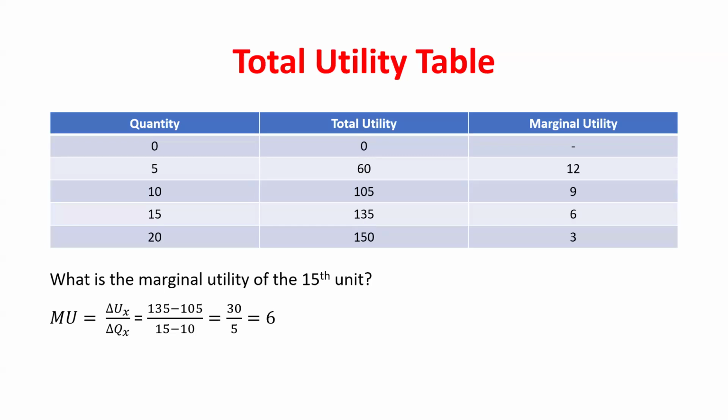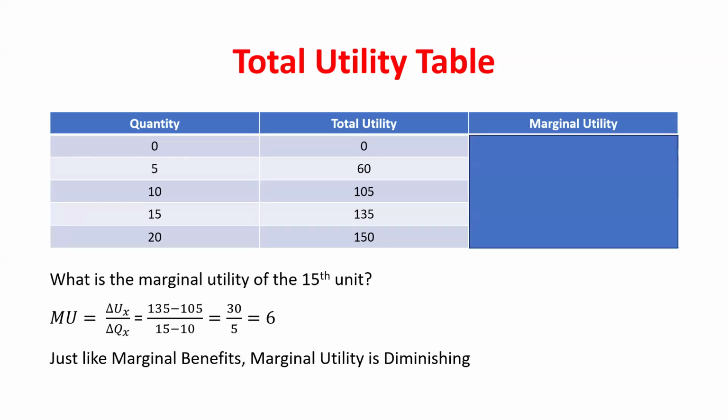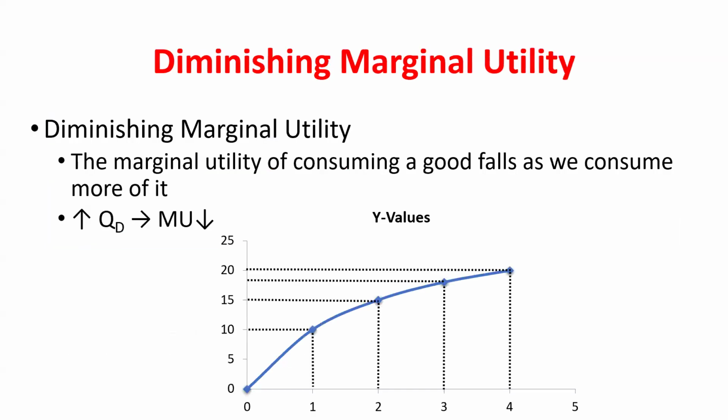So if I were to plot these points out, and I want to look at total utility, here are different quantities of this good I can buy. What's on the y-axis here is my total utility. As I buy more of it, my total utility is always increasing. My slope is positive.